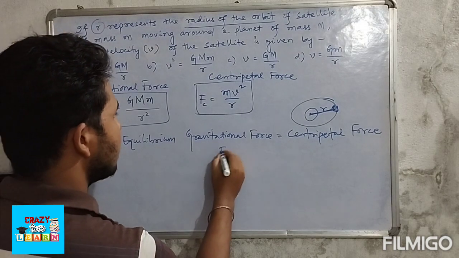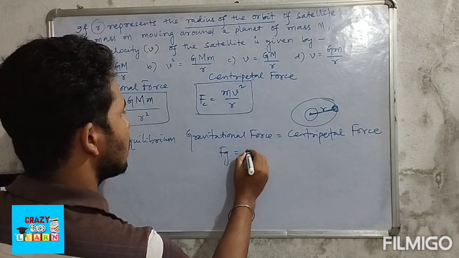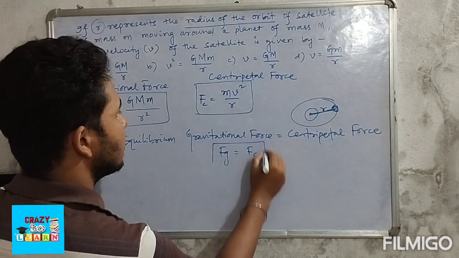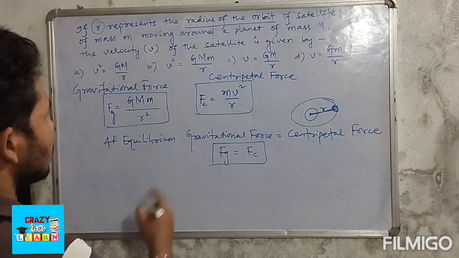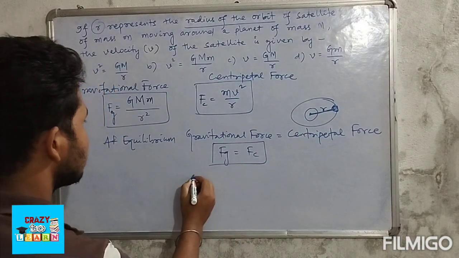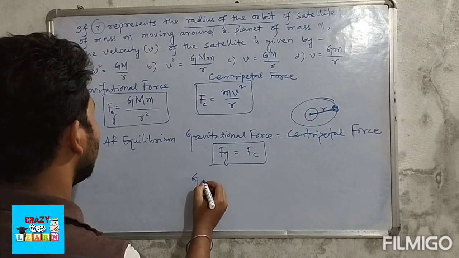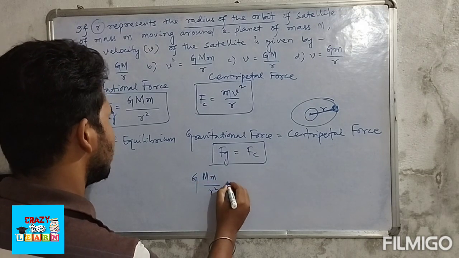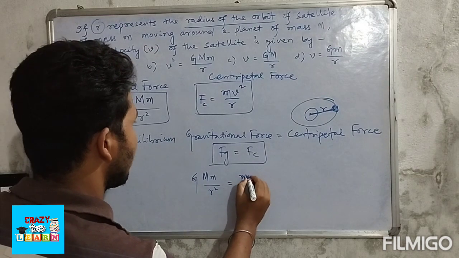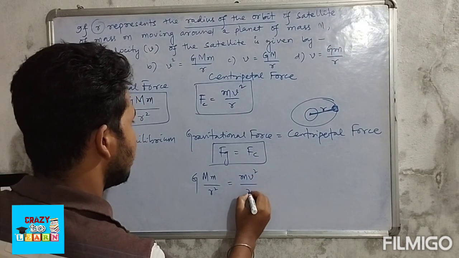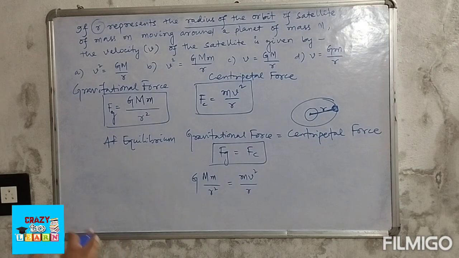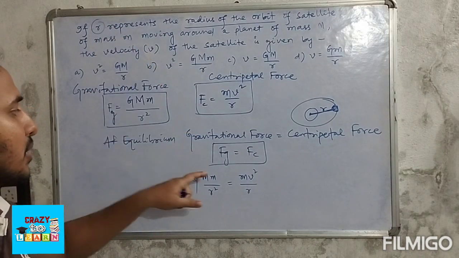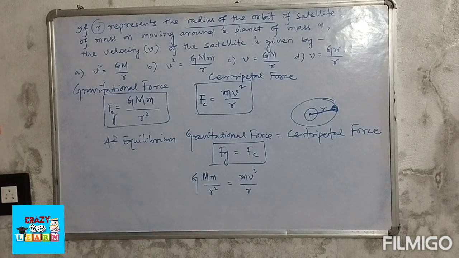So what is the gravitational force? Fg is equal to the centripetal force Fc. Now, the gravitational constant capital G, capital M, small m by r square is equal to small m v square by r. Capital M and small m, you have to distinguish, because capital M is the mass of the planet but small m is the mass of the satellite.